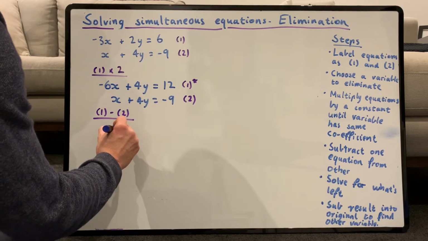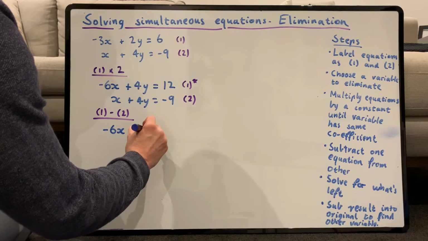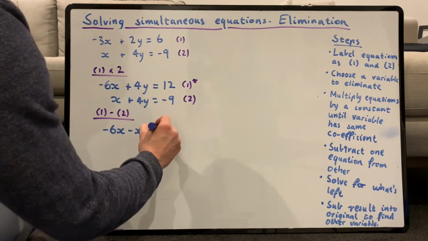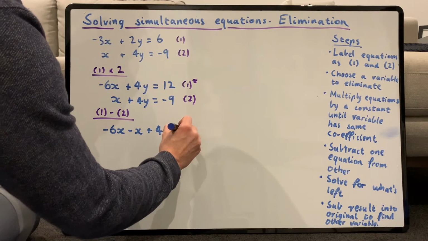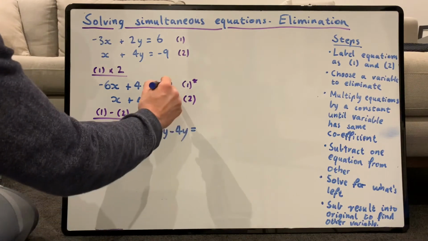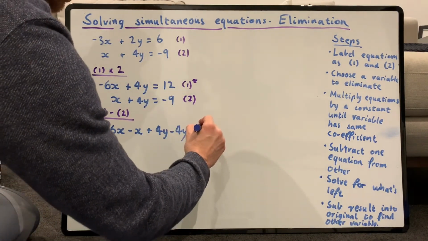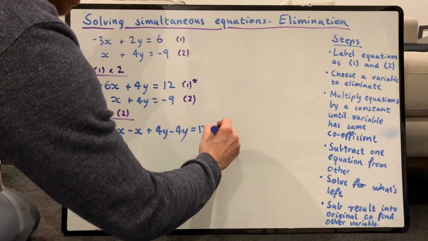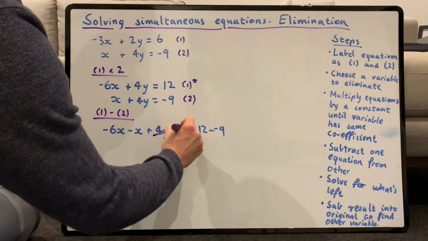So we'll write it out fully. Plus 4y minus 4y. That's where your elimination's happening, remember? And 12 minus negative 9. Be careful. Careful, careful. Okay. Elimination.